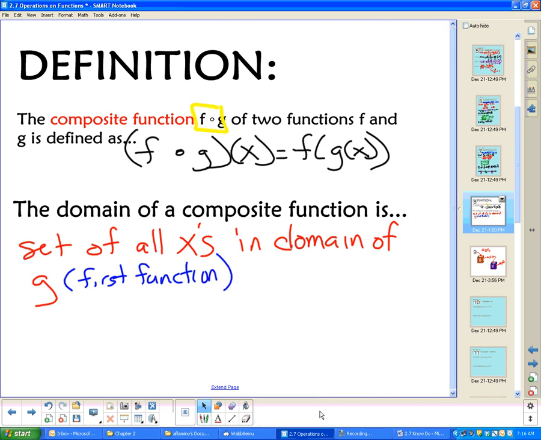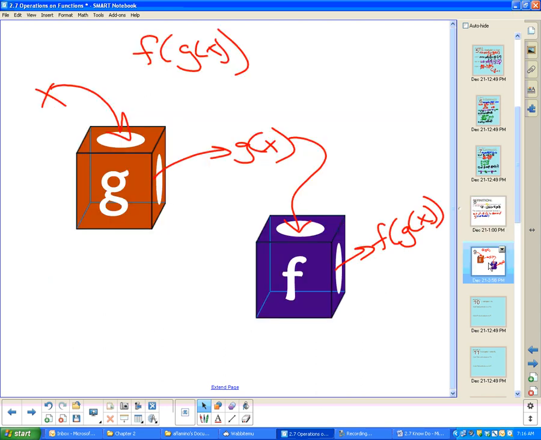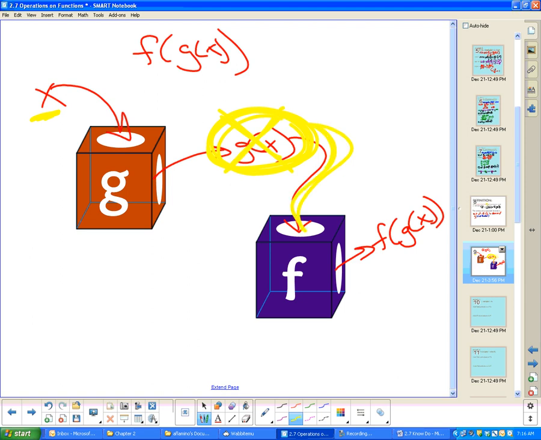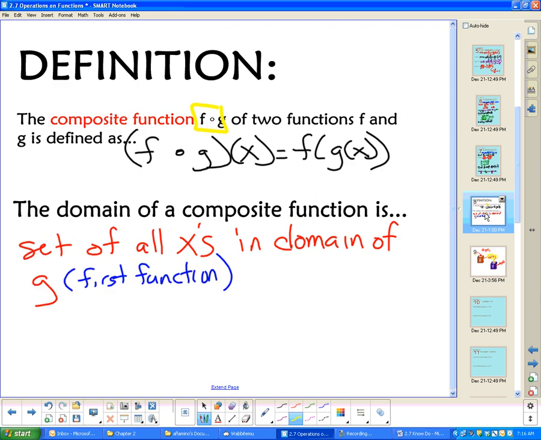And that's because, well, we have to get an answer out of g. If x is not in the domain of g, then when we go to here and I try to have an answer here, if I choose an x that doesn't produce an answer here, well, then I've got nothing to put into f, and I just can't complete the process. So the first thing that has to happen is I have to choose x's that are in the domain of g.